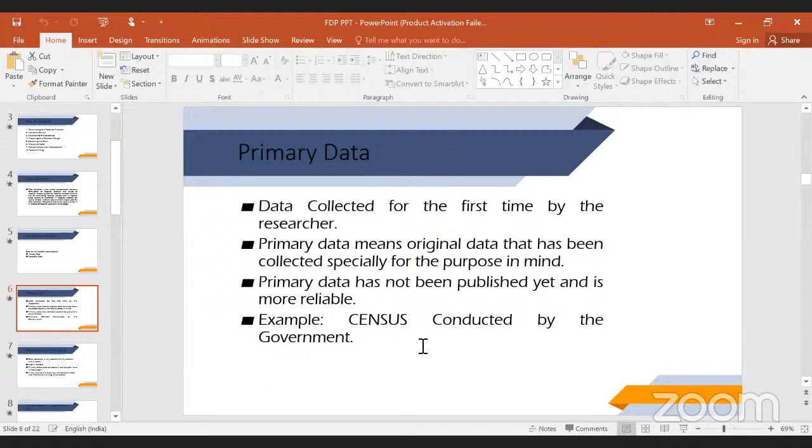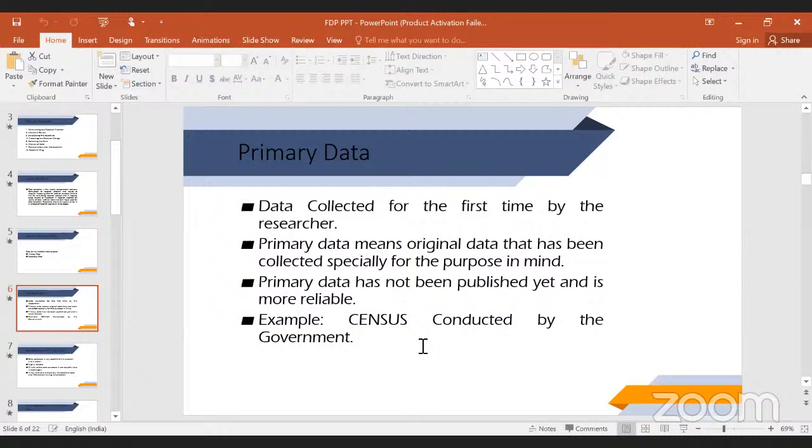It is more or less related to the method that we are going to opt for our research, be it doctrinal, non-doctrinal, or mixed research. Depending on the method that we opt for, the kind of data that we require will also depend on that. Now I will be explaining before you people what is primary data.